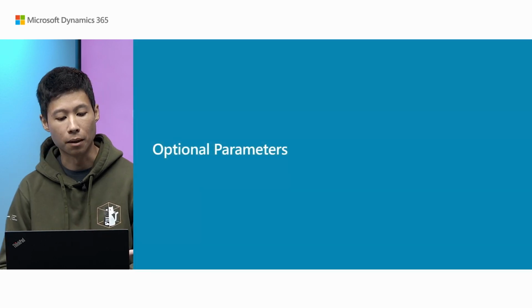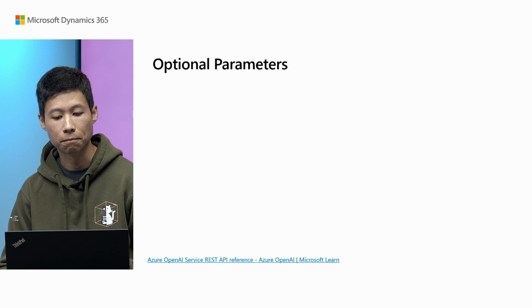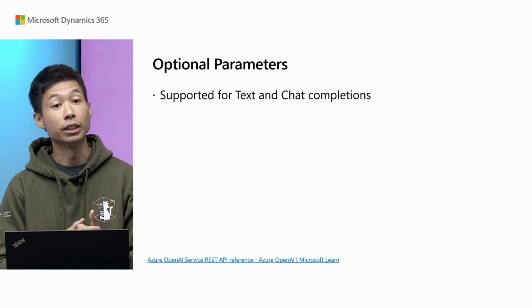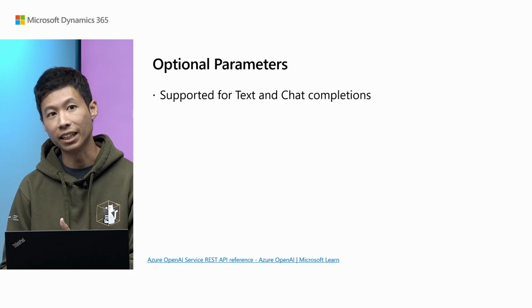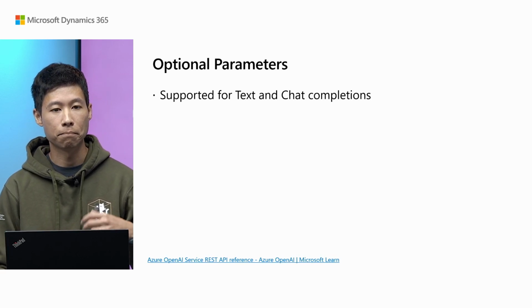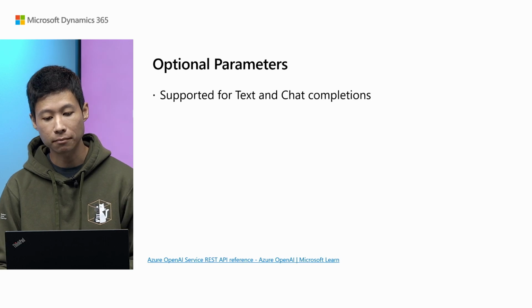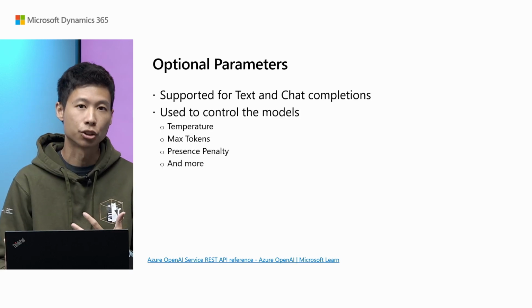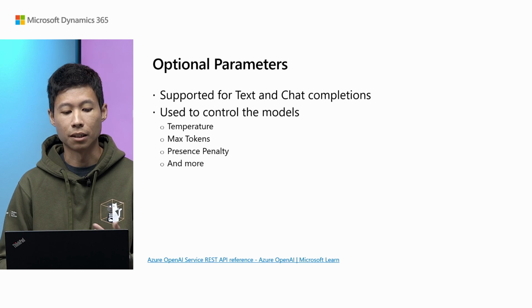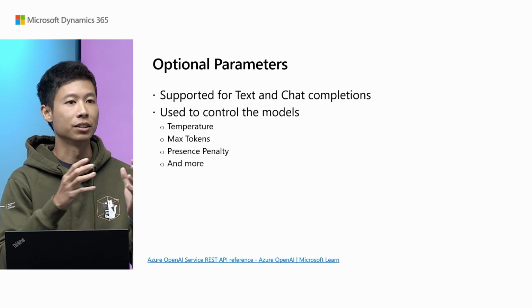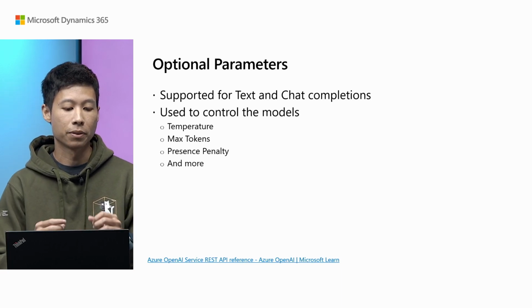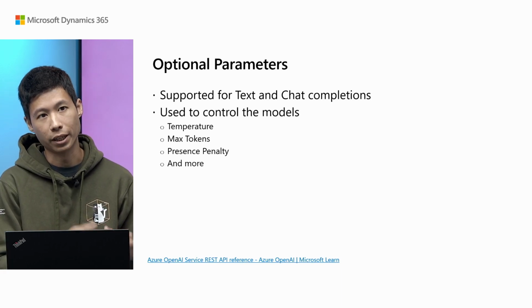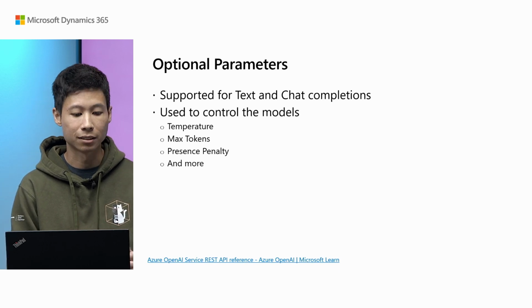Now let me talk a little bit about the optional parameters. As I had mentioned, they are only supported for chat and text, as embeddings does not have any optional parameters at this time. They are used to control the models. For example, with temperature, whether you want a structured or non-structured output, where structured is basically 0, as I had shown, because I want an XML format.